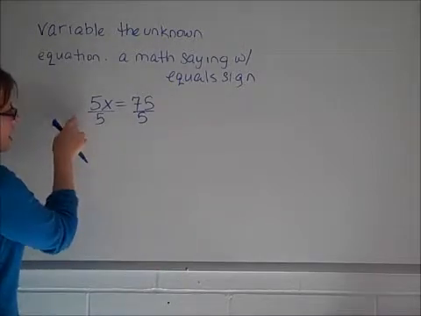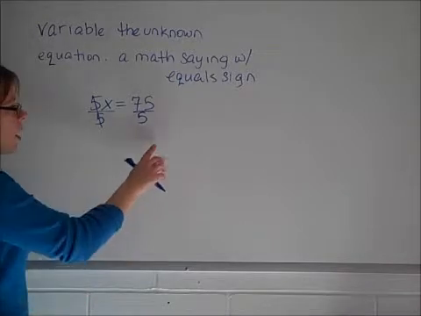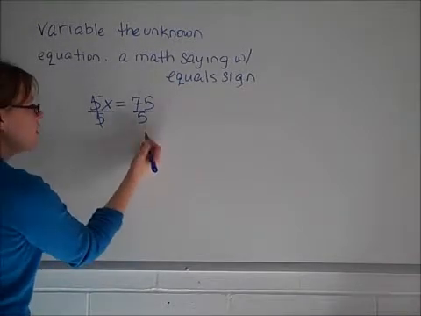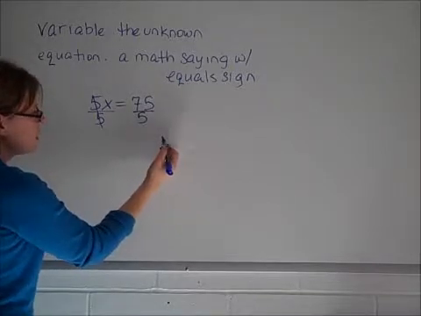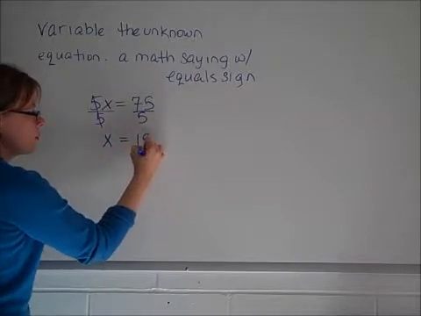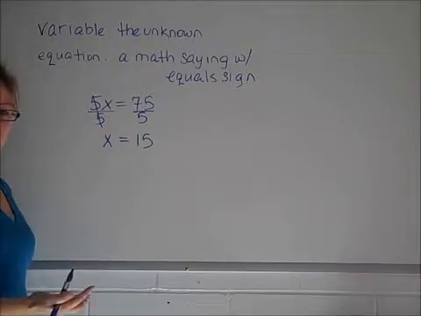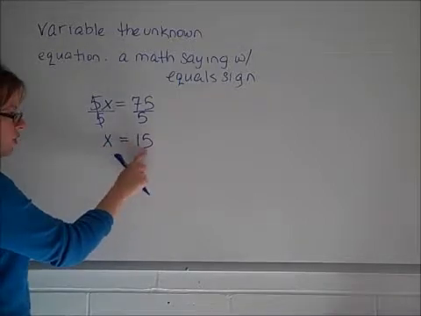So on the left-hand side, 5 over 5 becomes 1 and it cancels out. On the right-hand side, 5 goes into 75 15 times. And so with one step, we've isolated our variable, and we now know that x is 15.